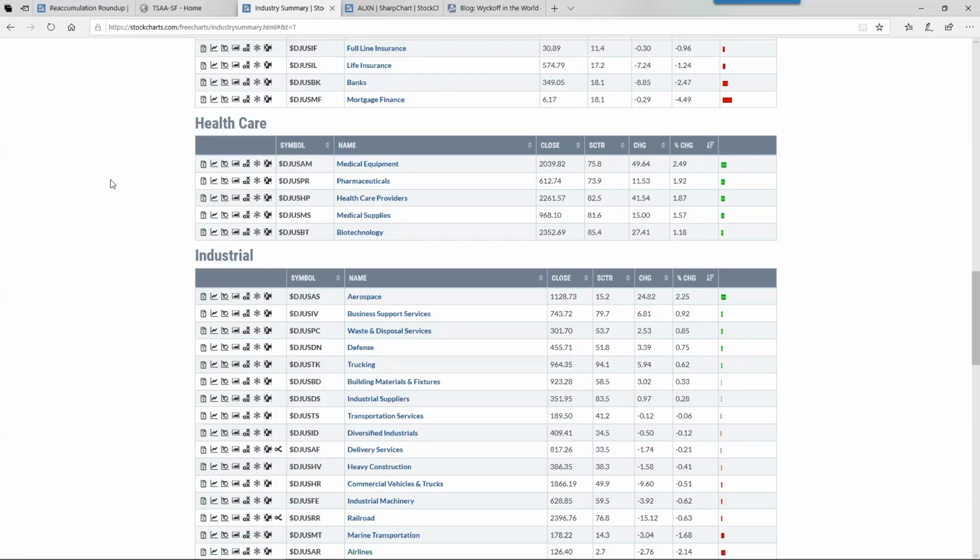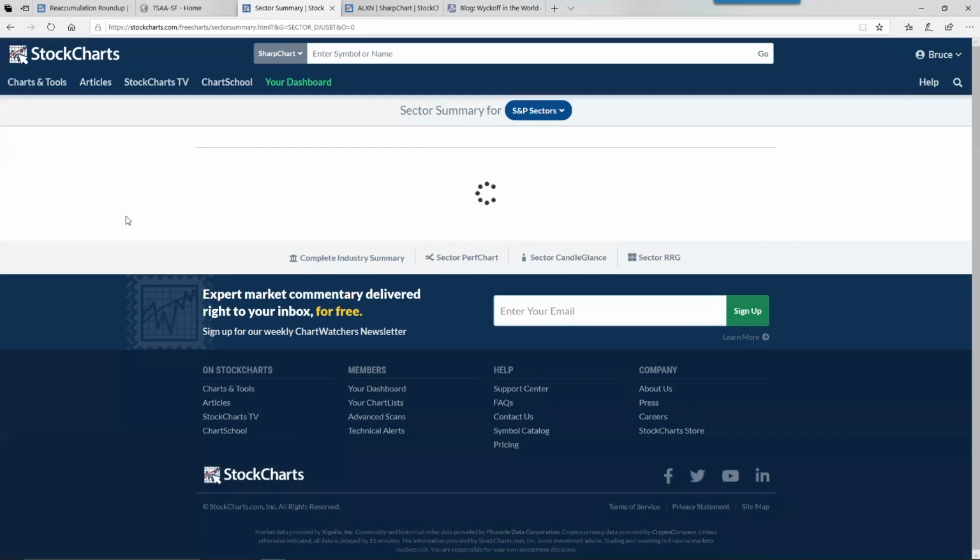Here we are in the industry group list in StockCharts.com. This is such a powerful tool, and so I just want to walk you through the biotech theme. Here we go to healthcare as a sector. We see biotech, and also we can make any number of different types of charts in the biotech space, but we want to see a list of the stocks.